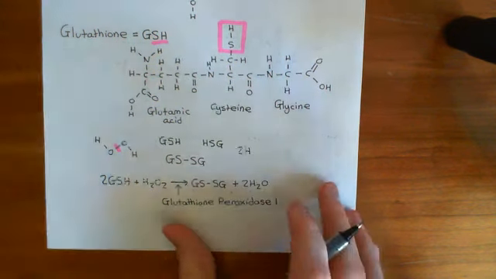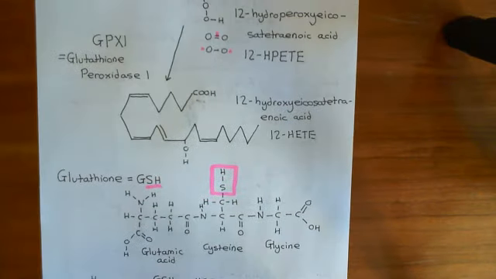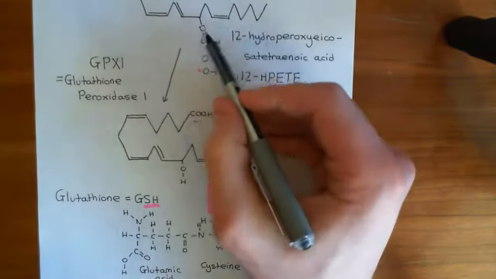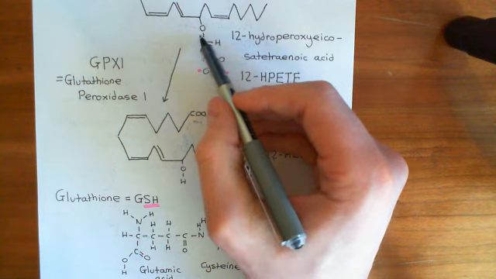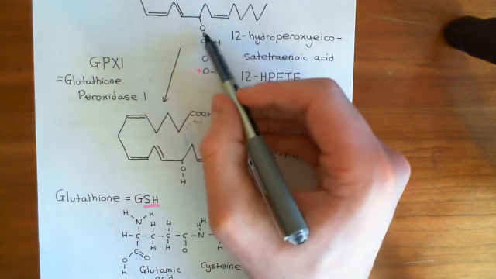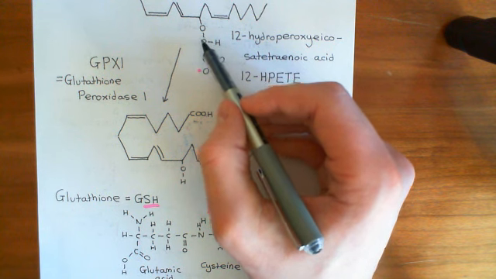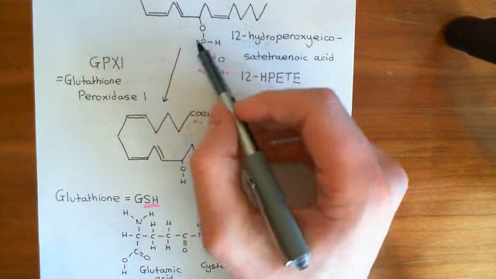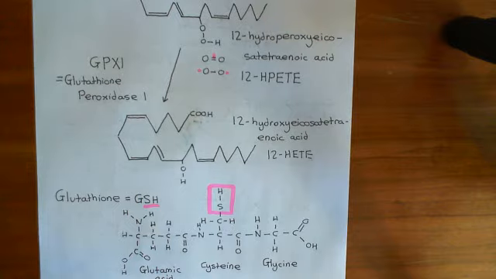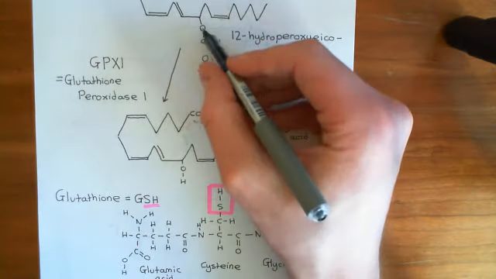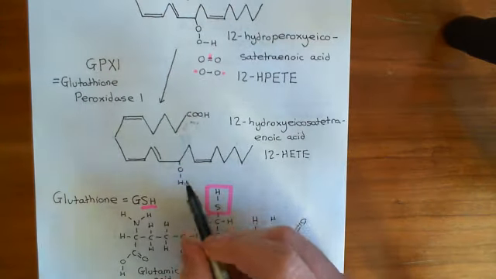But hopefully you can also see how we could do this just as well with this peroxide group here. We could cut this peroxide bond, give one electron back to this oxygen and the other back to this oxygen, and then use the two hydrogens that we get from binding the two glutathione molecules together to create water, and then the alcohol group that we've got here.